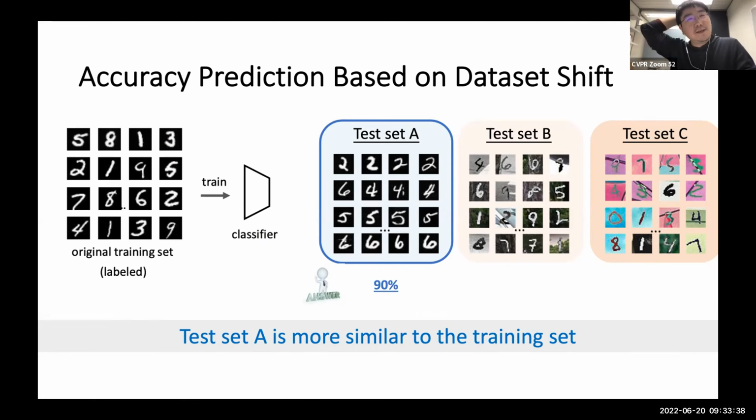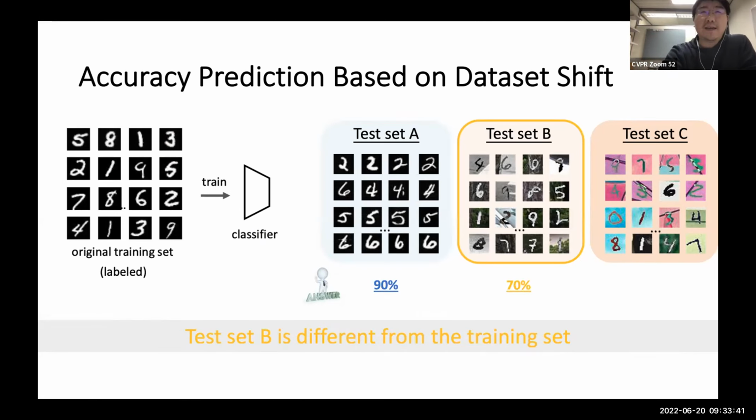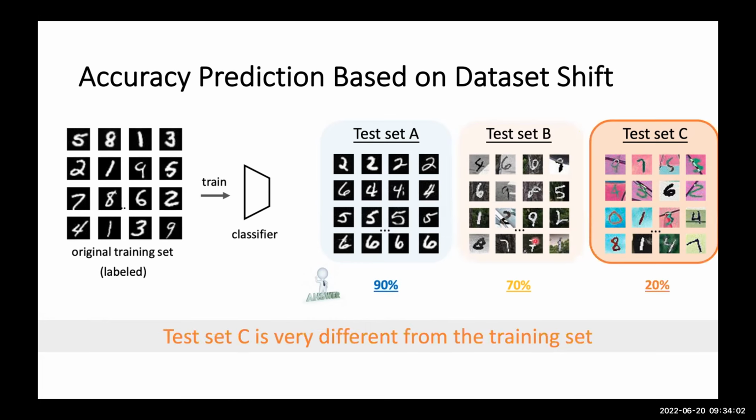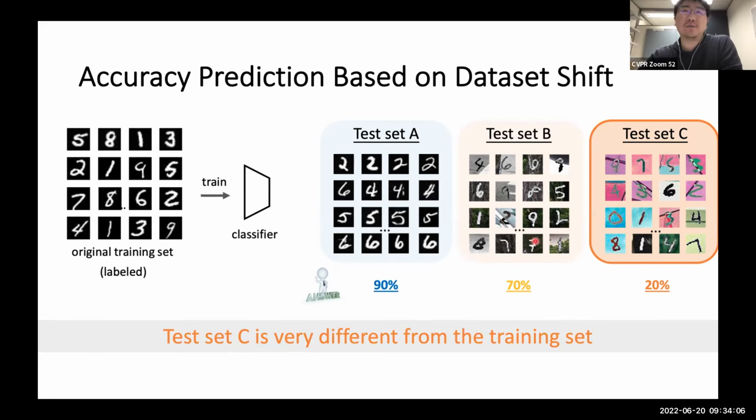Then we can observe that test set B is slightly different from the training set, and the reality is it has an accuracy of 70%. If we look further at test set C, it is very different from the training set, and we get its model accuracy on this test set C as 20%.